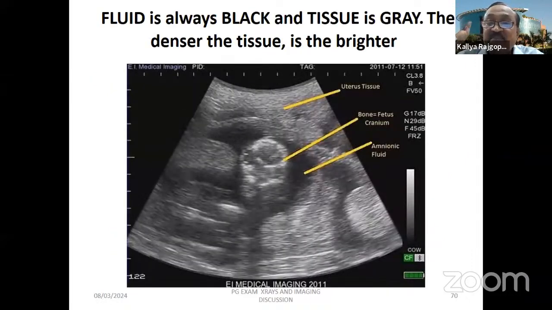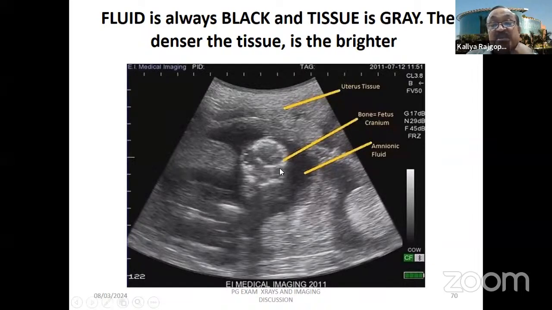I have put in one simple fetal ultrasound, one of the easiest to understand. Whenever you read the screen, the fluid is always black. You can see here the amniotic fluid, right? Now the tissue is gray, that is actually the uterus. And the denser the tissue, the brighter it is.